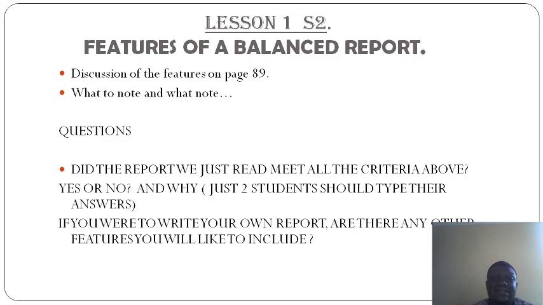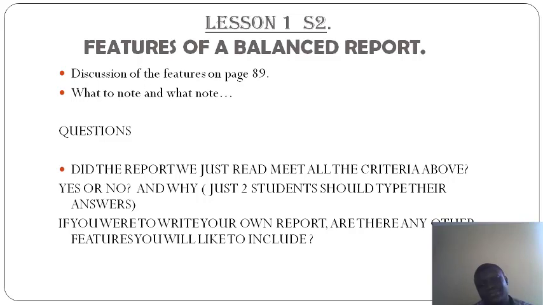Now, let's discuss these features. Look at them very well, and then find out whether what we have read, all these features can be identified, what to note and what not to note. So the questions you want to ask yourself: did the report we just read meet all the criteria above?